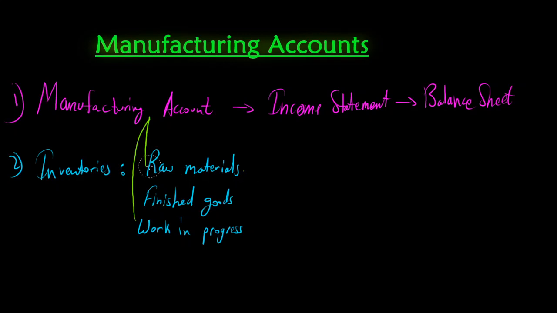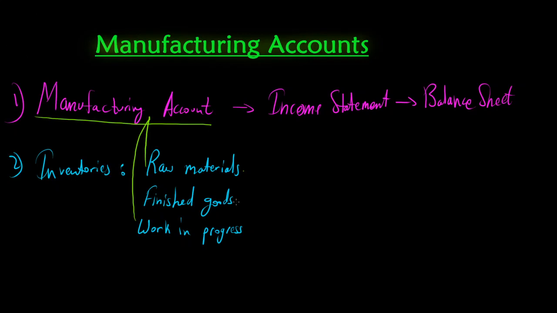Does it make sense? Since you have raw materials, it has something to do with the manufacturing account, right? And then finished goods, of course, have to do with manufacturing, but once the goods are manufactured, then we have finished goods. We calculate the production cost in our manufacturing account, right? So basically, you have to understand that raw materials and work in progress have to do with the manufacturing account.